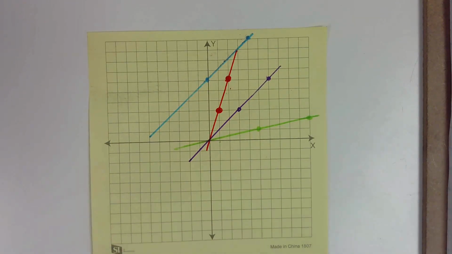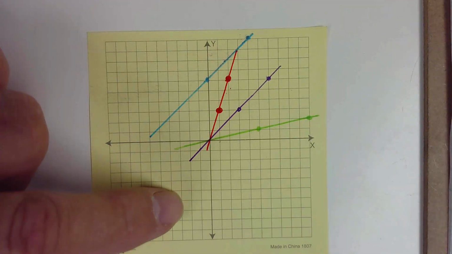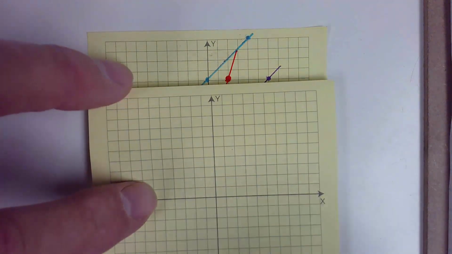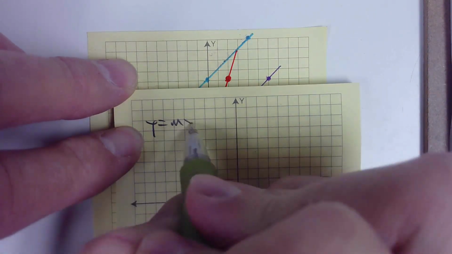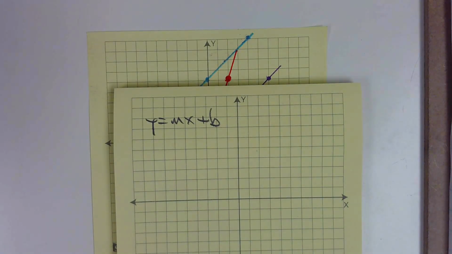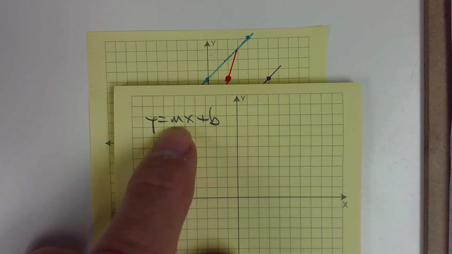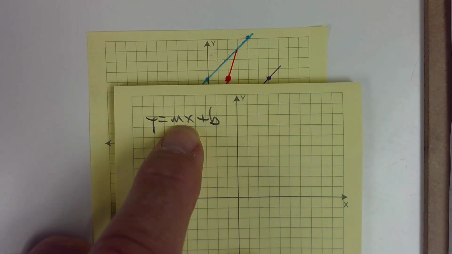Okay. Now, the next lesson, and I've already touched on this with you guys, you're going to be learning an equation, and it's y equals mx plus b. And I talked about just the other day what b was in that equation. The last couple of days, we've just been focusing on y equals mx.